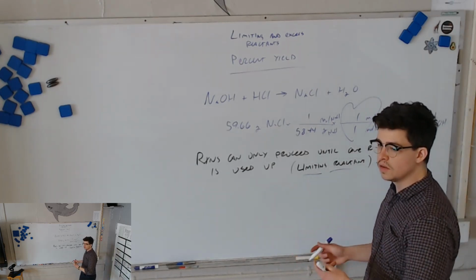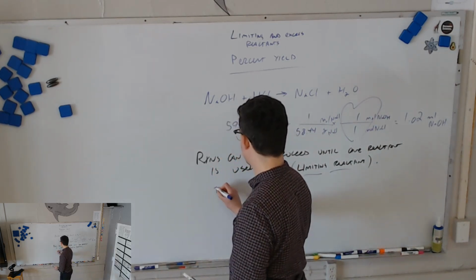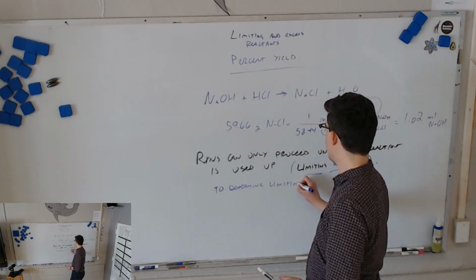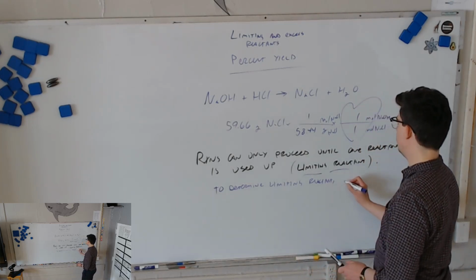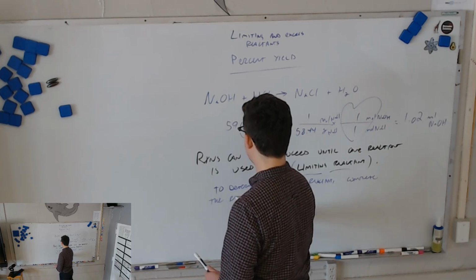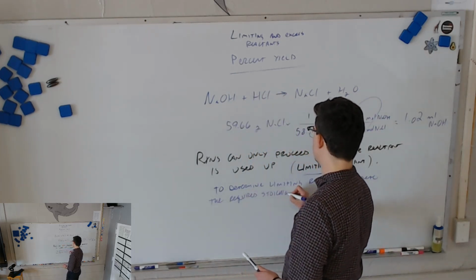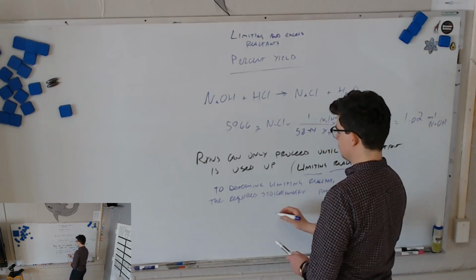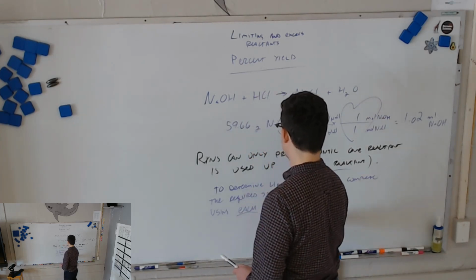Write this down, please. The one step we have to do differently is to determine limiting reactant, complete the required stoichiometry problem using each given value.